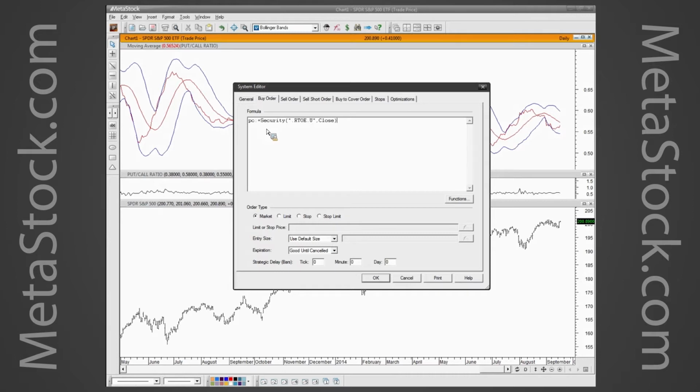And then to terminate the variable statement, we just use a semicolon.